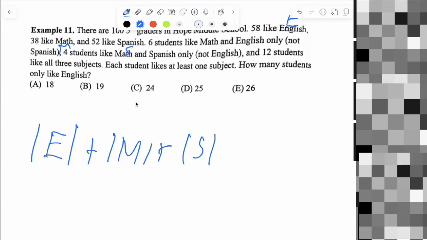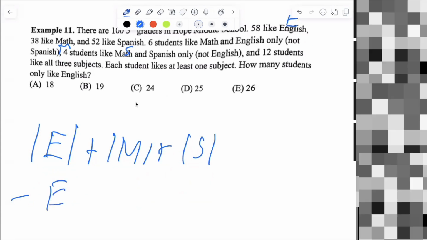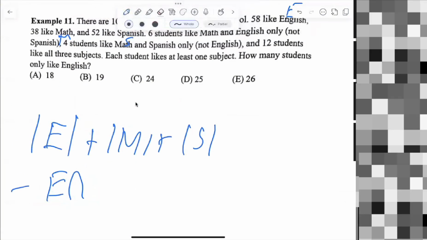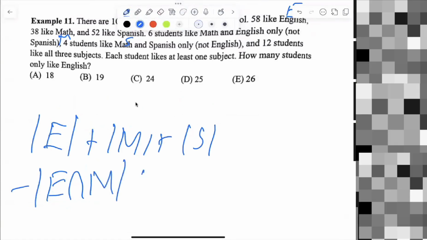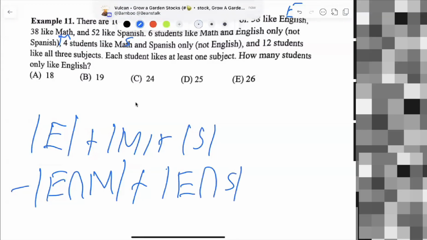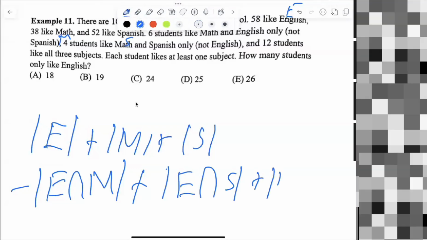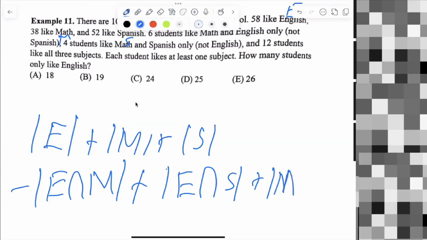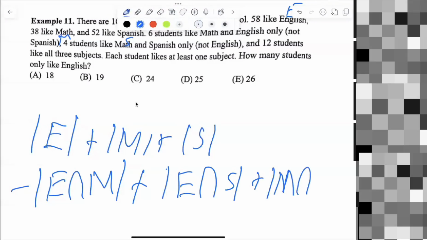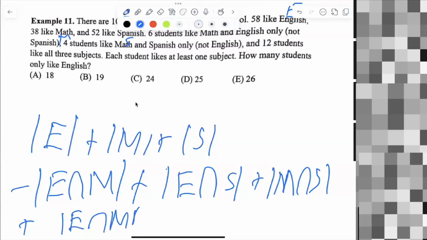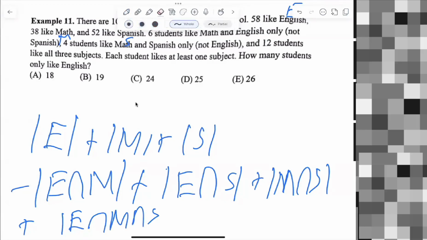Then, consider that as the first part, and subtract the intersection of E and M, plus the intersection, the upside down U just means intersection, of E and S, plus the intersection of M and S. Then we add the last set, which is the intersection of E, M, and S. That's basically what the formula is, alright?